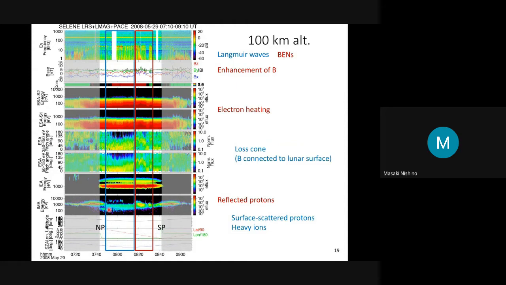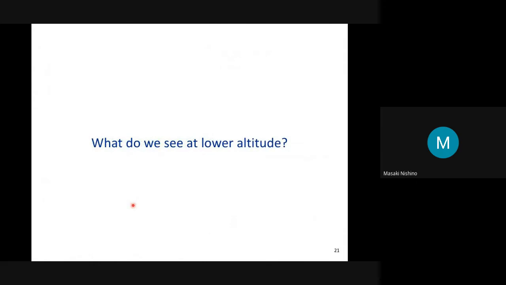And on the other hand, this lower flux is a component that came directly back from the lunar surface at the non-magnetized lunar surface. And these are actually a new finding of Kaguya measurement. So what do we see at the lower altitude above the crustal magnetic field?